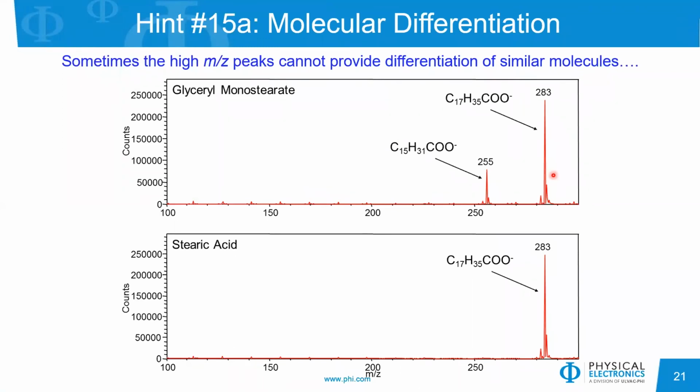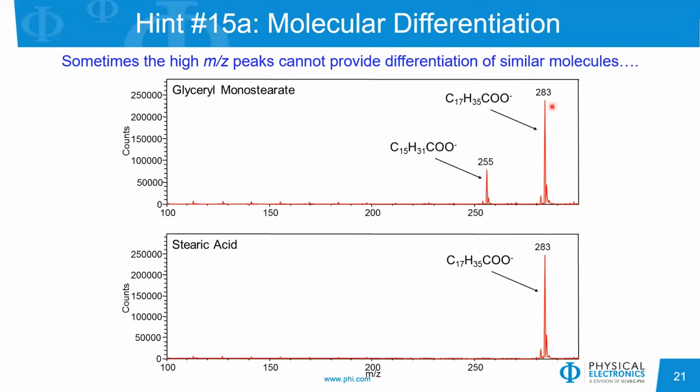Sometimes you want to differentiate between molecules that have similar structures, and this can be a little more challenging. Here we're looking at mass spectra from glycerol monostearate on top and stearic acid on the bottom. Stearic acid, of course, gives a strong peak at 283.